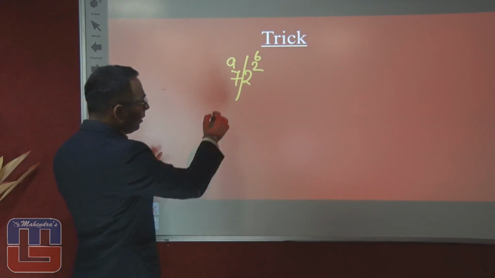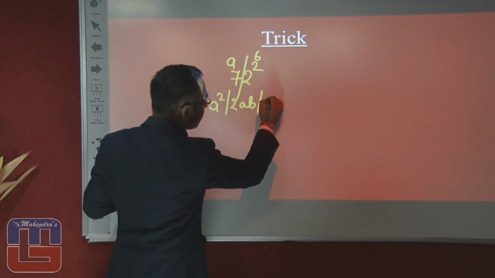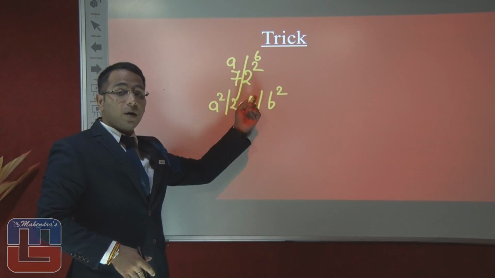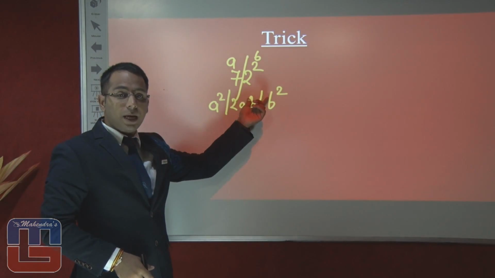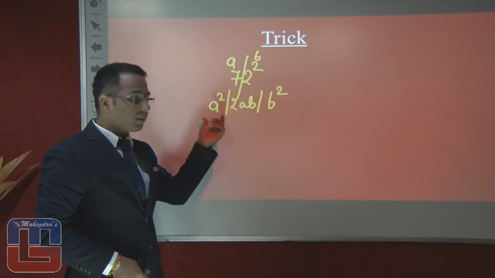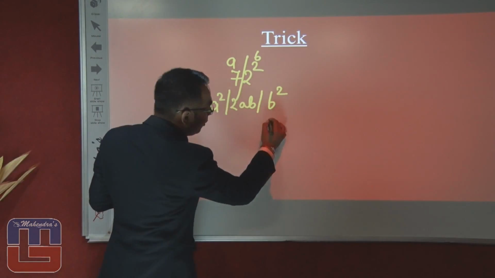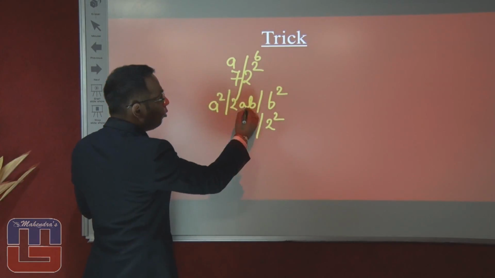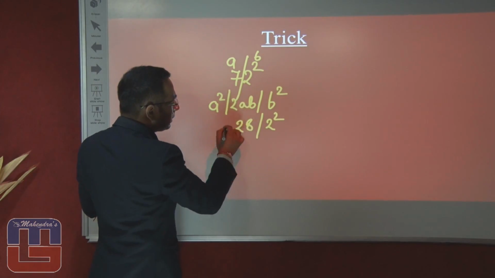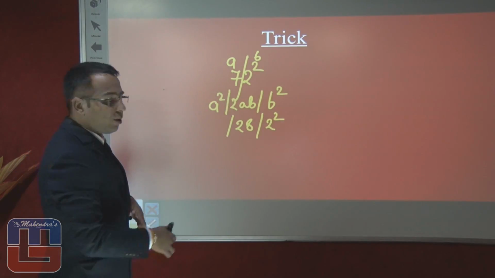Now we will put the digits in the form of A square, 2AB, B square. Since we are considering a single digit number at the back, we will put single digits from backward to front in the same manner. Like square of 2 is 4, 2AB: 2 into 7 is 14, 14 twos are 28, and B square, 7 square, 49.